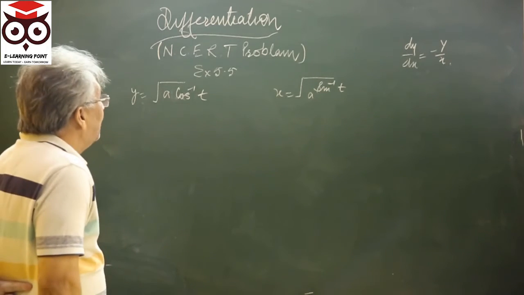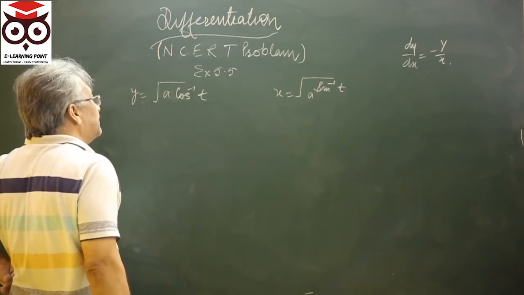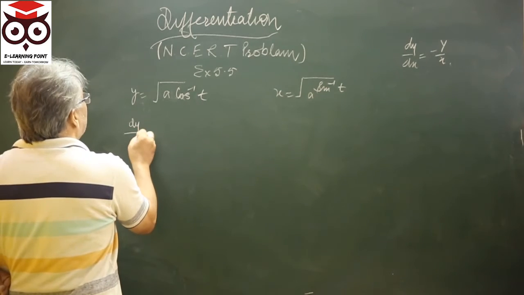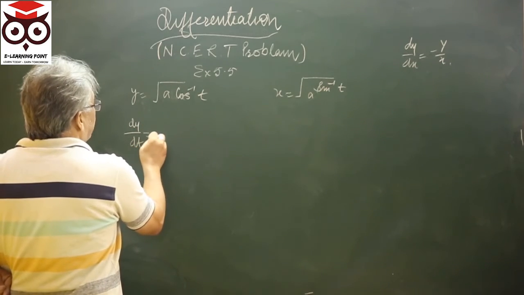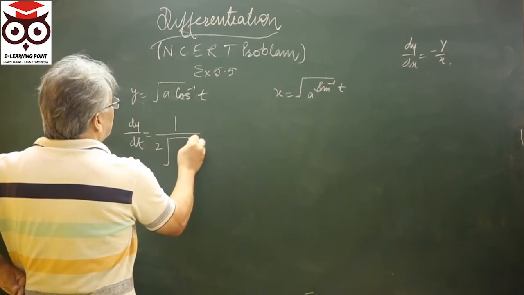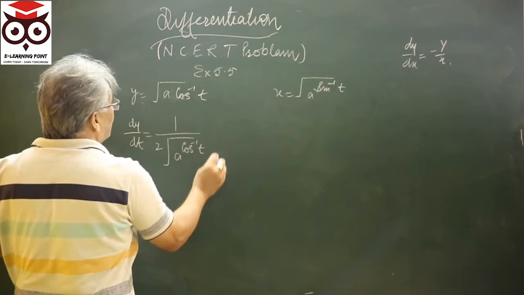right? So how will I find it out? I will use here simply parametric form. So first of all, I will write down dy by dt. This is root a to the power cos inverse t.